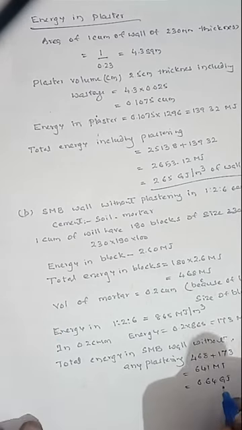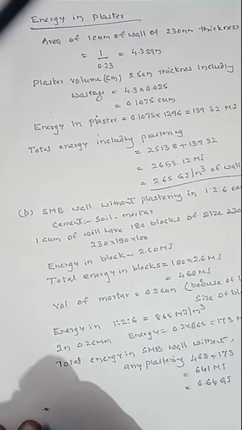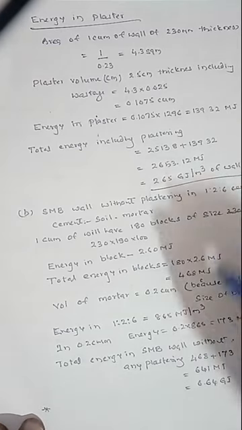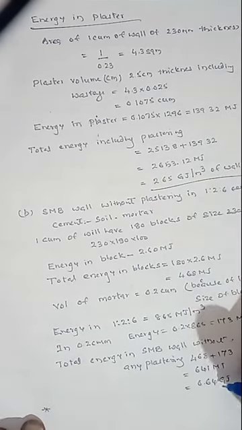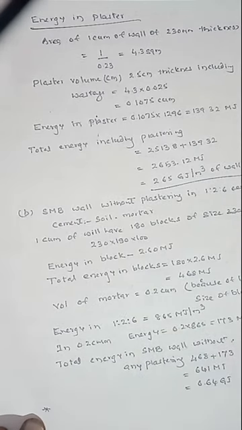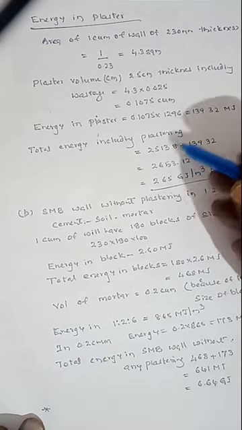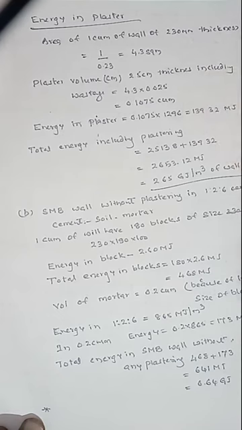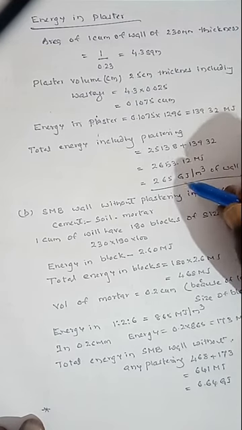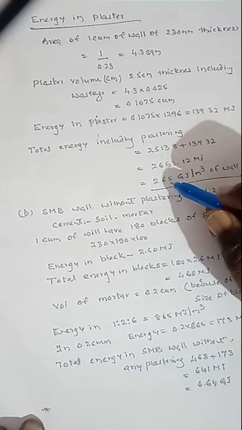By observing the previous one and this one: in brick masonry without plastering, 2.513 gigajoules is required, and with cement mortar plastering, 2.65.